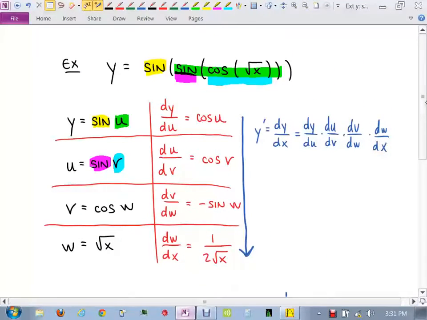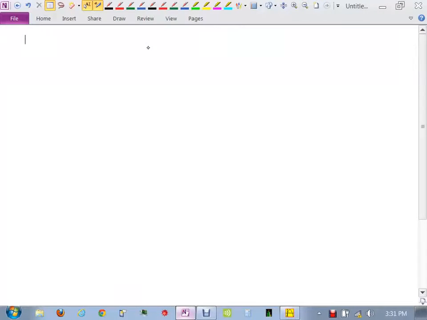So I'm going to show you now the previous problem we did with a different way. And you get to kind of ease your way into it. The first problem we did was sine of x squared plus x.